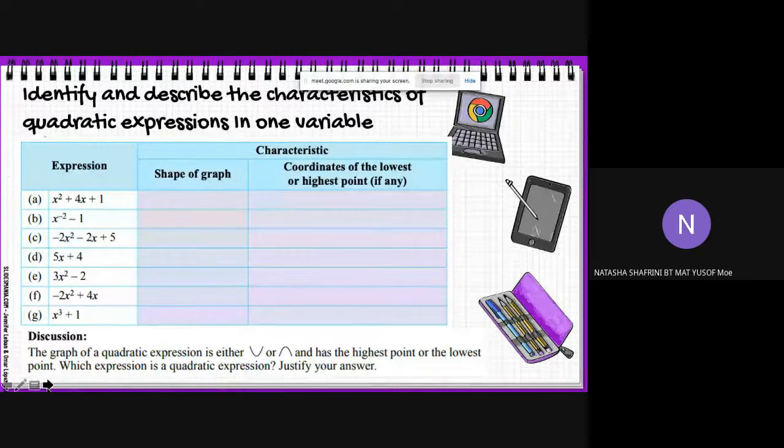Kalau dia ada campur, contohnya x square plus 4y plus 1, sana ada X, sana ada Y, dia bukan in one variable. Itu dah jadi two variable. So untuk chapter ni kita nak bincang untuk one variable sahaja. Identify, describe characteristics of quadratic expression in one variable.